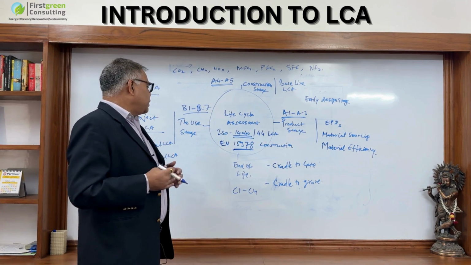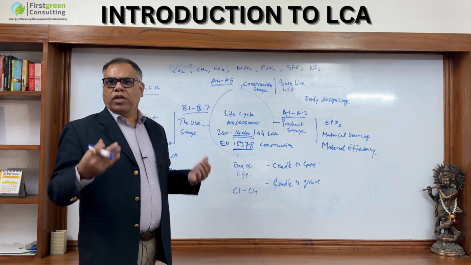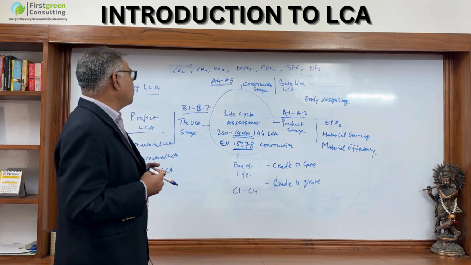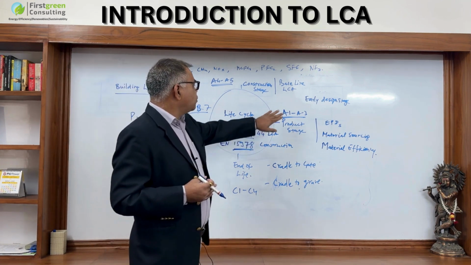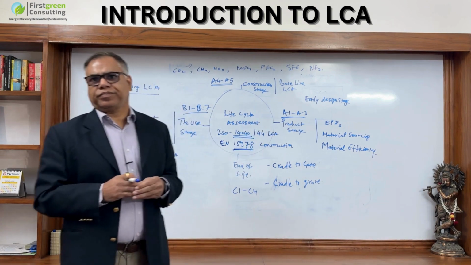When you are doing the life cycle assessment, they have classified the overall emission calculations based on 3 categories. This is as per 15978. So what are those emissions? The first category is classified as the A1 to A3 category.